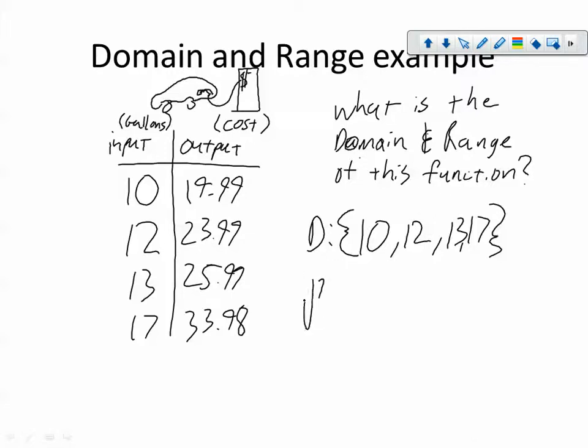My range, on the other hand, is all of my outputs. What do I get after I figure out how many gallons it is? Well, that's just that list of numbers: $19.99, $23.99, $25.99, and $33.98.